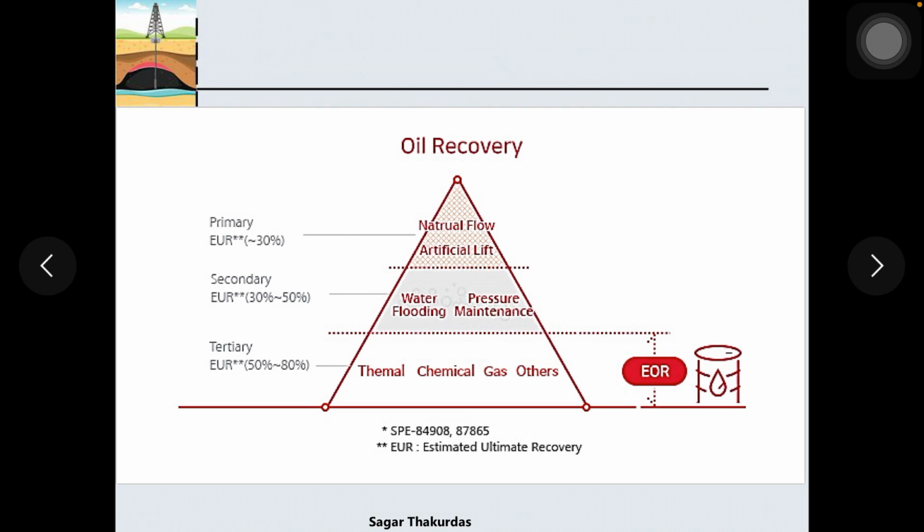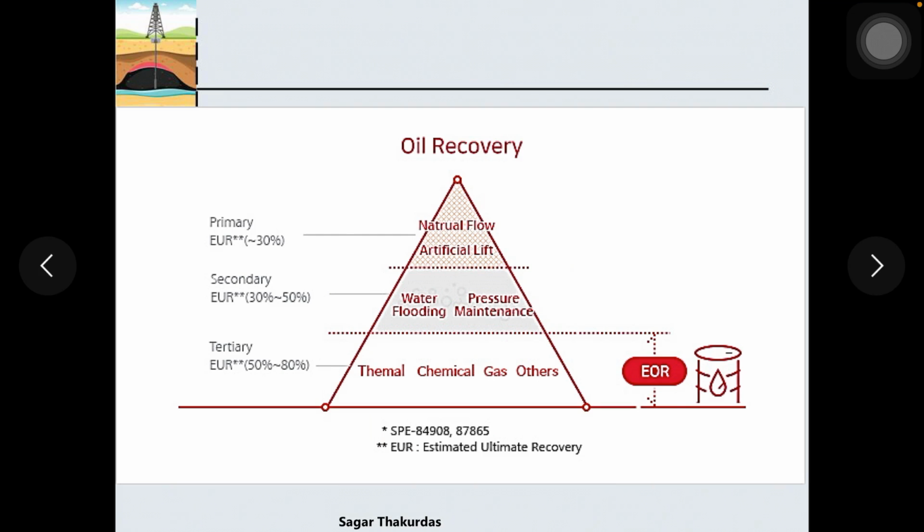Now here in this triangular diagram, you can see the percentage or contribution of each recovery mechanism in the total production. The peak of the triangle is represented by primary recovery or natural flow, which is nothing but the initial phase of production where artificial methods can also be utilized, and the contribution of natural recovery is 30% here. So different studies give different numbers.